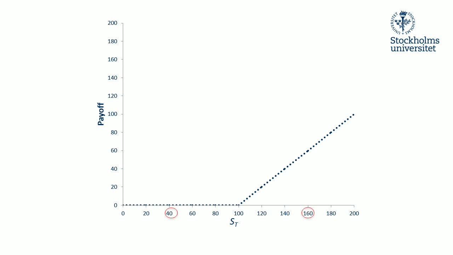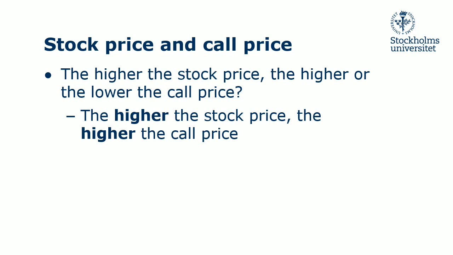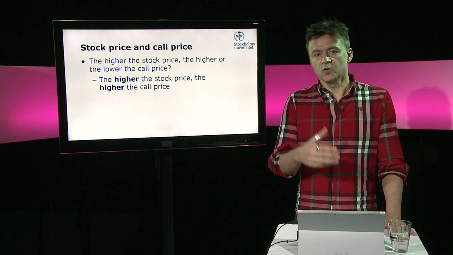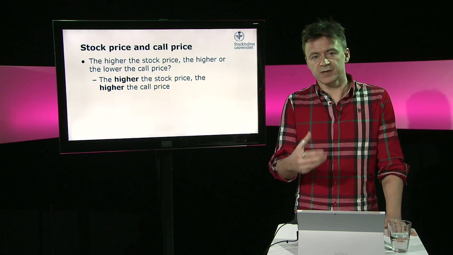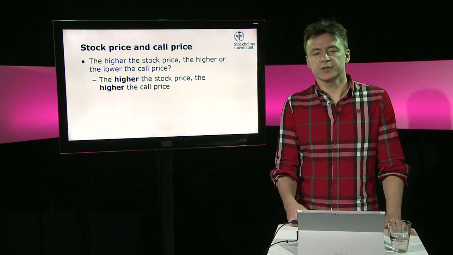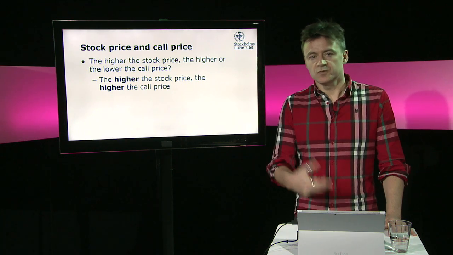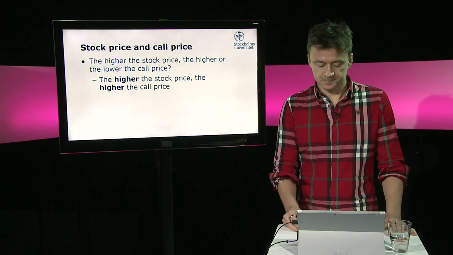Once again, we can extend this intuition, and that will give us the answer to the question. The higher the stock price, the higher the call price should be, because when the current price of the stock is higher, the more likely it becomes that the final payoff of the option will be positive.